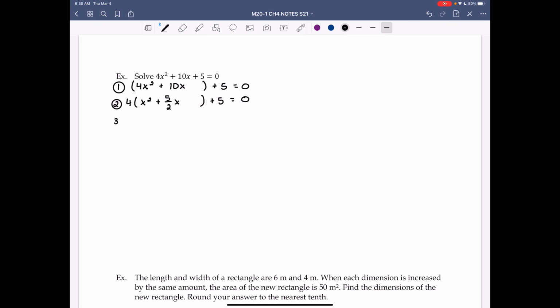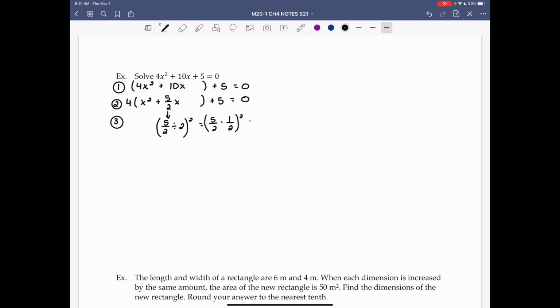Step 3, take our middle term coefficient, which is 5 over 2, and divide it by 2, and then square it. That becomes 5 over 2. Dividing by 2 is the same as multiplying by 1 over 2.